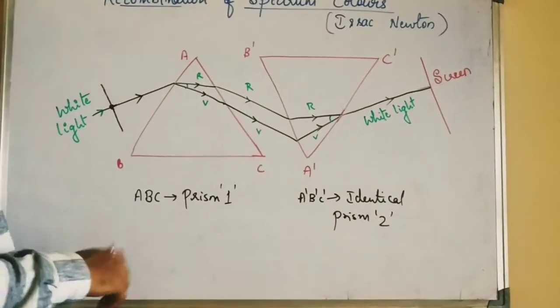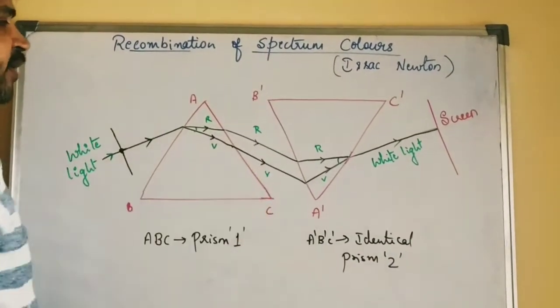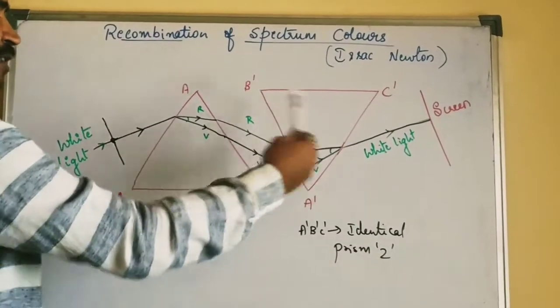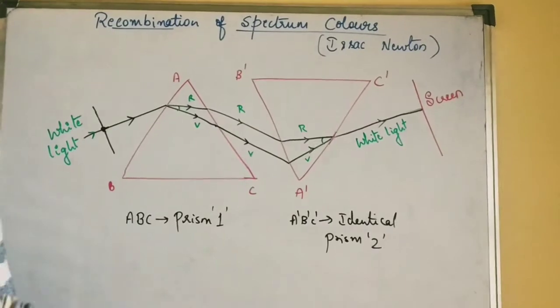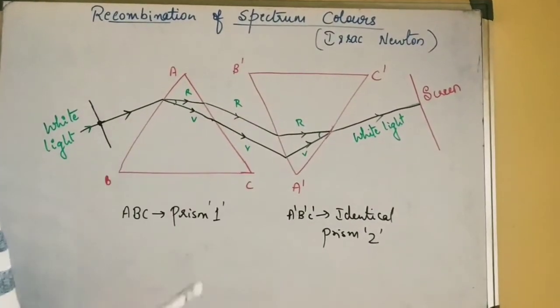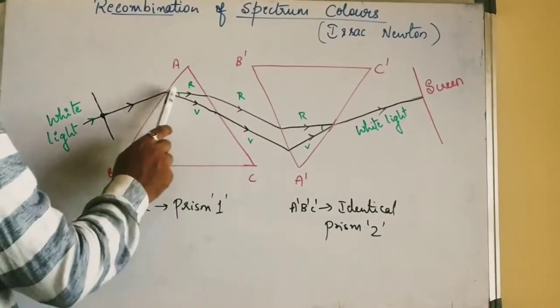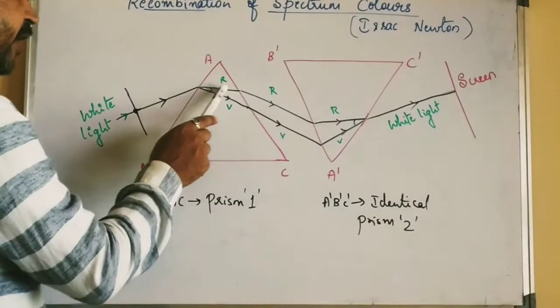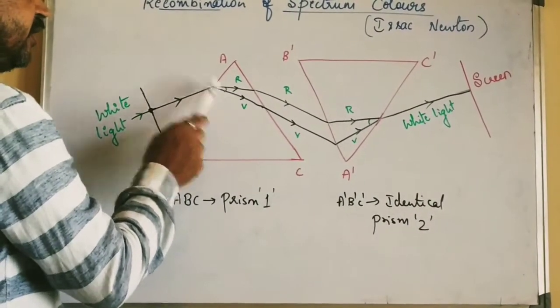Now what Newton could observe: since the light got incident on the lateral surface A dash B dash, within the second prism these rays again underwent refraction. But that refraction was opposite to that of the refraction in the first prism ABC. Why? Because of the angular dispersion, this angle I have marked here.